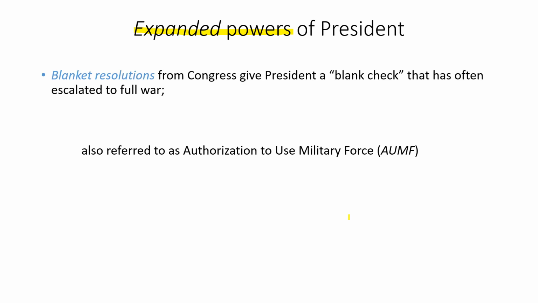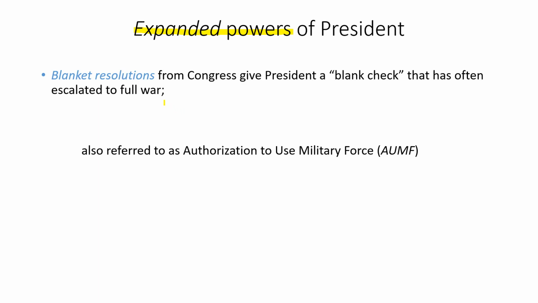One of the things, we'll talk about three things. We'll talk about blanket resolutions, where Congress gives the president the authorization to use military force, and that could potentially evolve into war. We've seen lots of examples of that. Another one is what we just alluded to, the executive agreements. We'll get into that one in a minute.